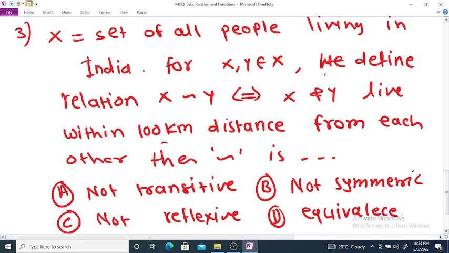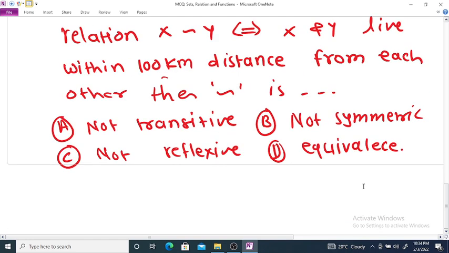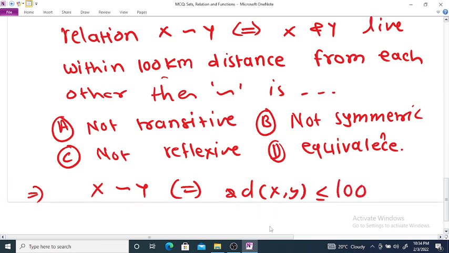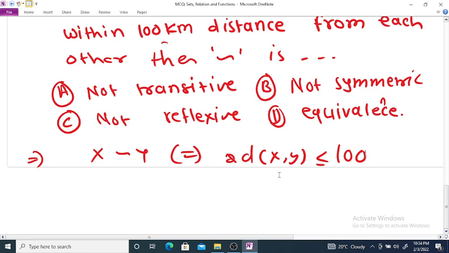So here the relation is an equivalence relation. The relation is given x related to y if and only if x and y live, that is, the distance of x and y is less than or equal to what? 100. So we want to check whether it is a reflexive relation. Yes, it is a reflexive relation. Why?